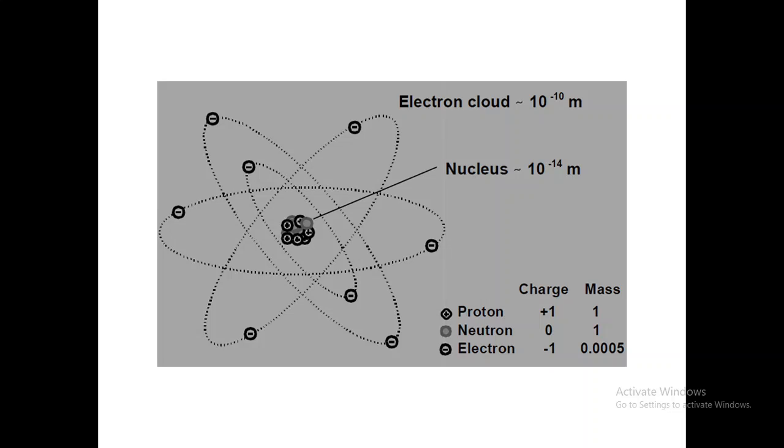The nucleus at the center of the atom is in fact 10,000 times smaller than the complete atom, and as the figure shows, if it was drawn to scale, the nucleus would not be visible at all.